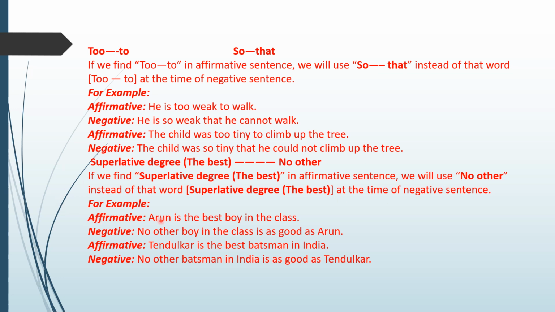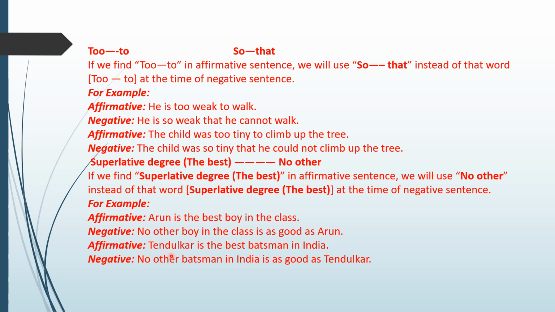In the affirmative, Arun is the best boy in the class. So the negative goes as no other boy in the class is as good as Arun. So you have actually changed it into the positive degree, but it is negative because of the word no. So you will use no other boy in the class is as good as Arun.